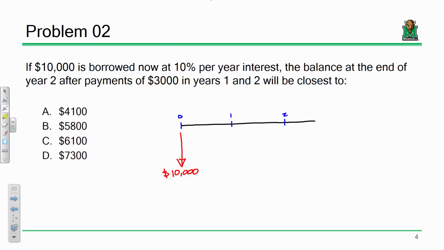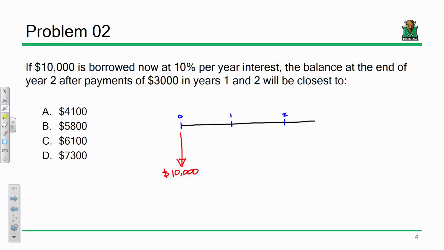So what you really have is an example of what's called a future value problem. You can do this one of two ways. The easiest thing to do is to get everything into an equivalent at the same year, and then you can convert it accordingly. What I'm going to do is transfer every value that I see here into a future value.